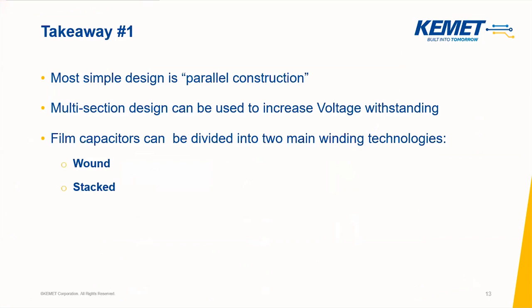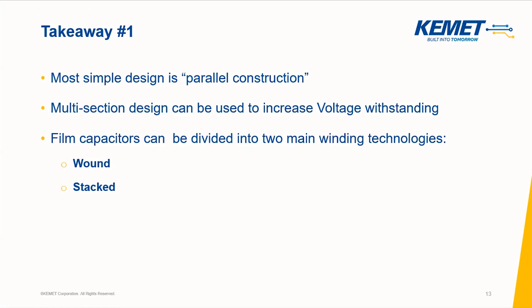So, some takeaways from this discussion. The basic construction of the film capacitor is the so-called parallel construction, but we can also have multi-section or series construction in order to increase the capability of the capacitor to work at a higher voltage, dividing the voltage into different sections.